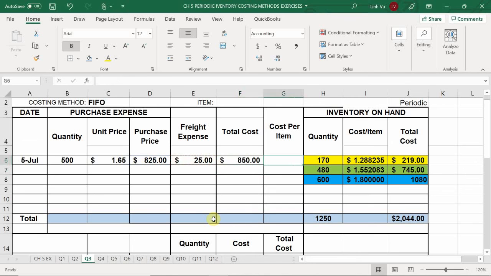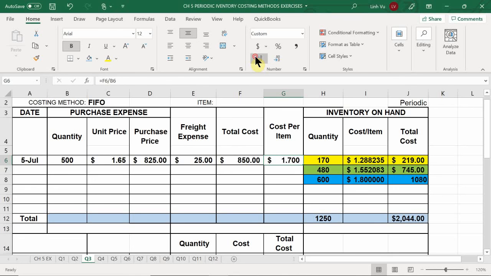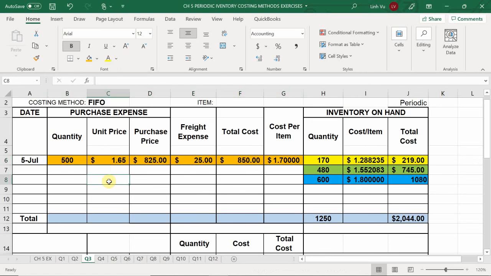And then again, what is my cost per item? $1.70. Okay, good. Now I'm going to continue with my batches of color so you're able to make the association, and we'll drop it in the next round. So I'm going to make this one orange.